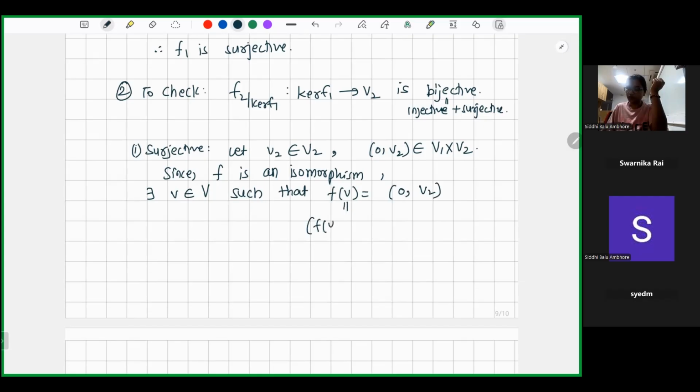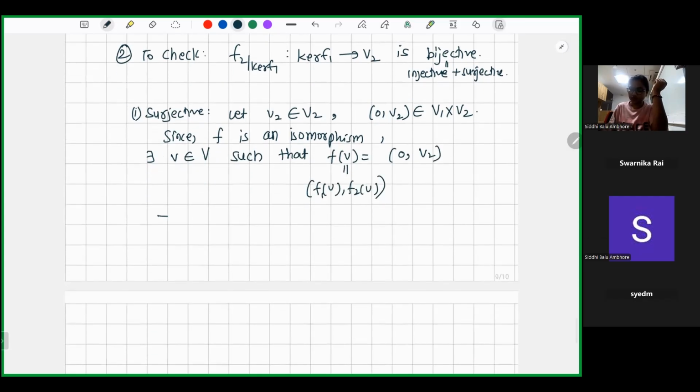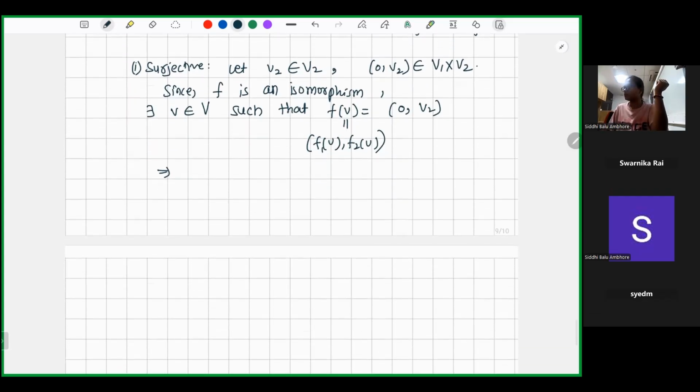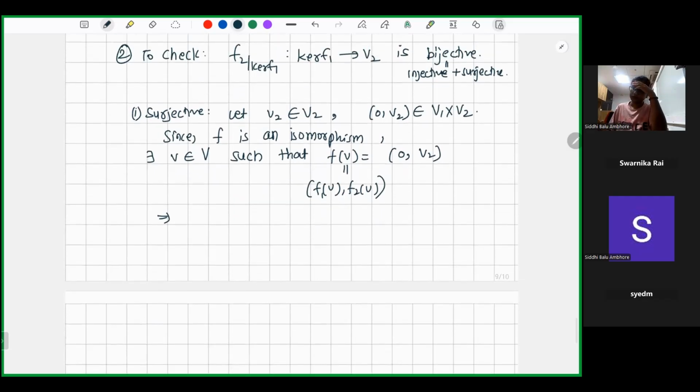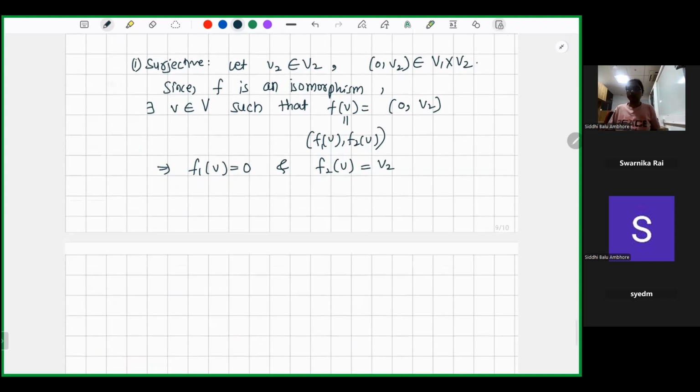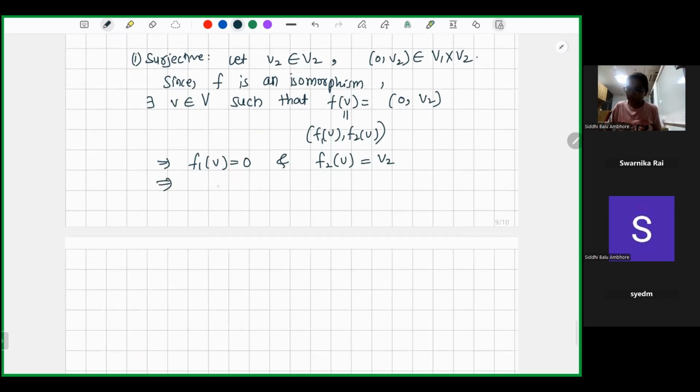This is F1 of V comma F2 of V. So this implies that F1 of V is 0 and F2 of V is V2. Right? So this implies what? That V belongs to the kernel.